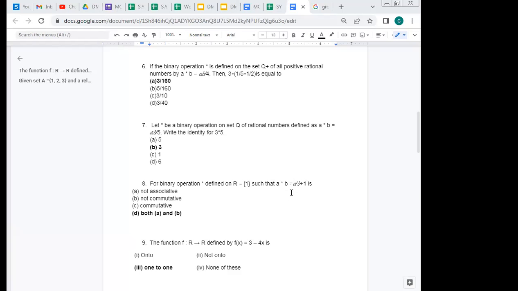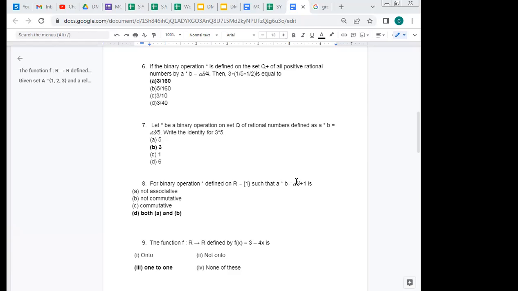Means A by B is different from B by A unless and until A is equal to B. So order is important in division also and in subtraction also.